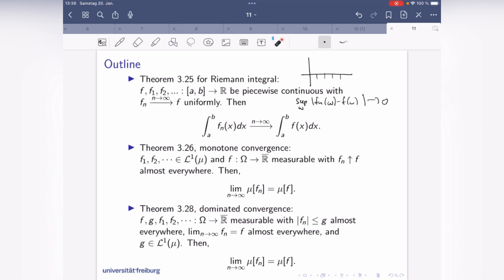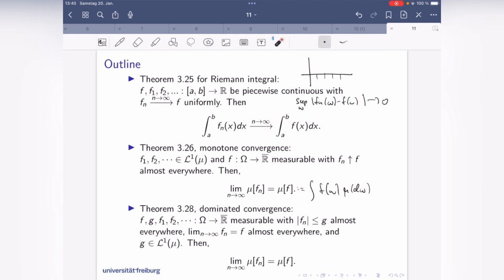So Fn of omega is an increasing sequence and converges to f. Then the integral converges. And just recall, this mu f was defined as the integral of f of omega d mu of omega. So all this is the same, mu d omega. So that's the same as above here.